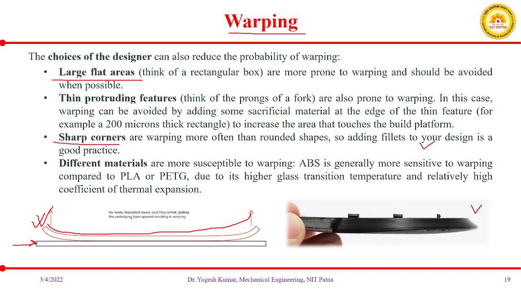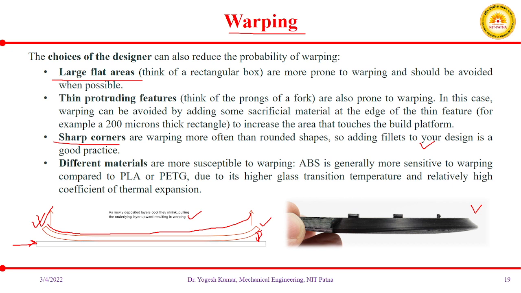What is happening is the newly deposited layer cools. Once it cools, it will sink slightly, and due to shrinkage of this particular layer, it will pull the underlying layer upward, resulting in warping. So you can see this is the warping effect.